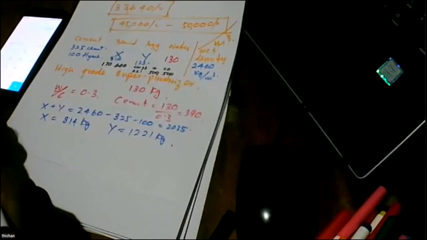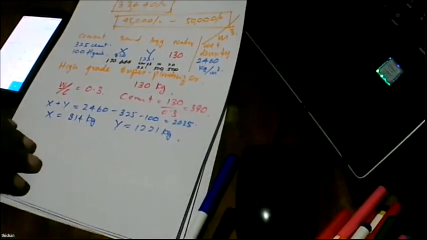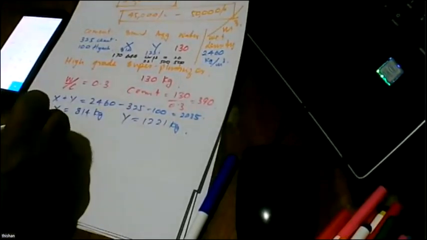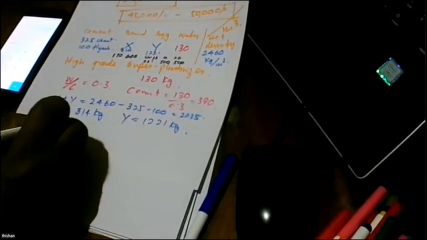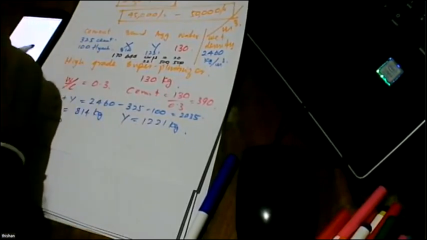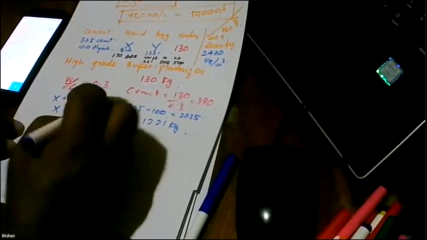And then if you look at the cost, now the cost of cement will be 325 multiplied by 50. Cement cost will be 16,250. And fly ash, let's say 15 rupees, 15 into 100, 1,500 rupees.